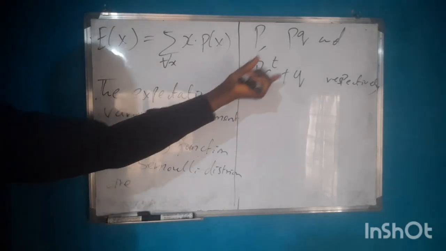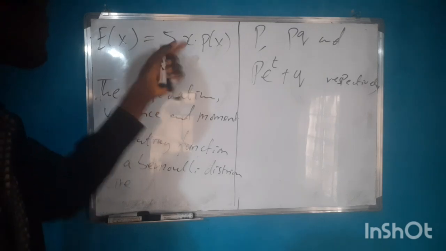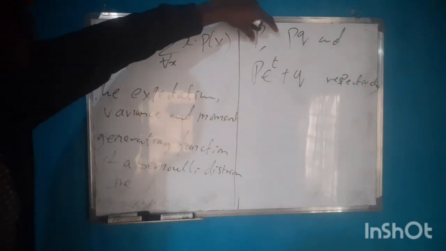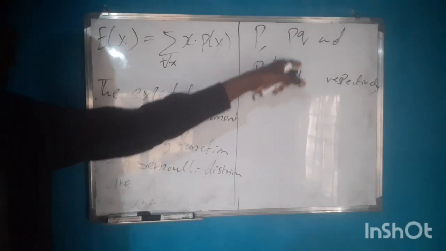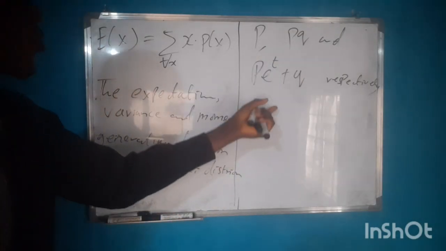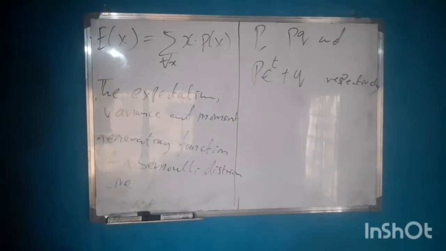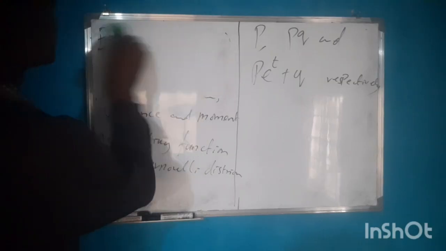We'll be proving why the expected value of X of a Bernoulli distribution is equal to P, its variance is equal to PQ, and its moment generating function is equal to P exponential T plus Q. Okay, let's start with the expectation.